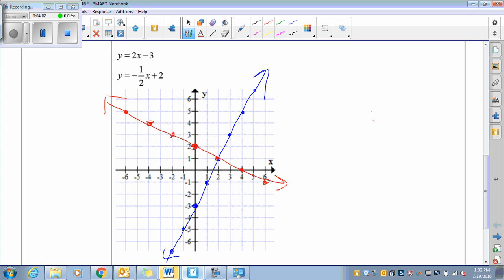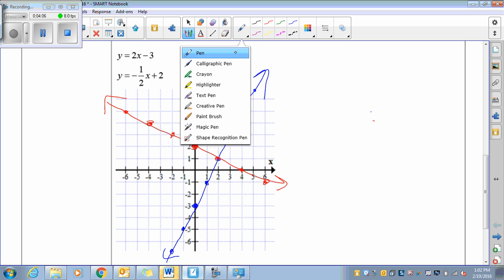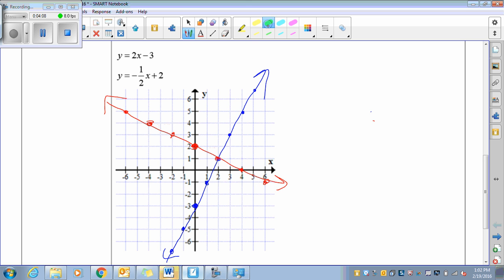So you notice that you have an intersection right here. This would be your solution because it's where both lines intersect. So you would have the solution of 2, 1.